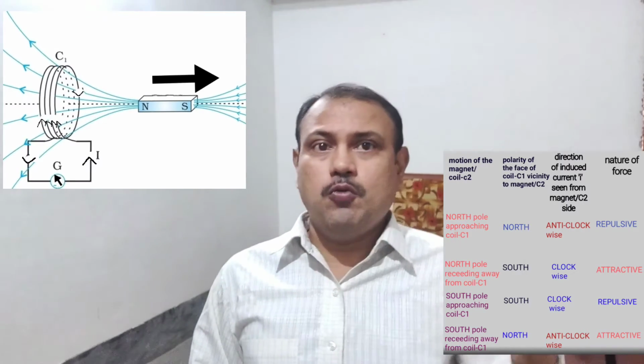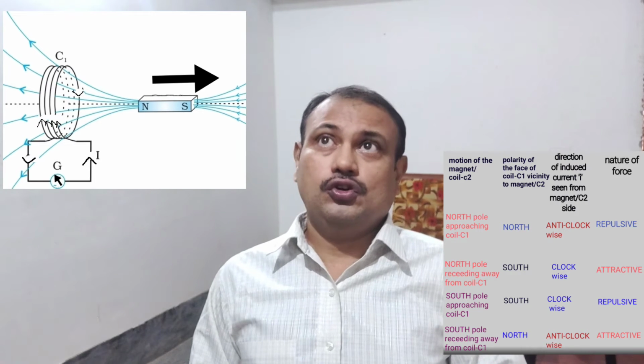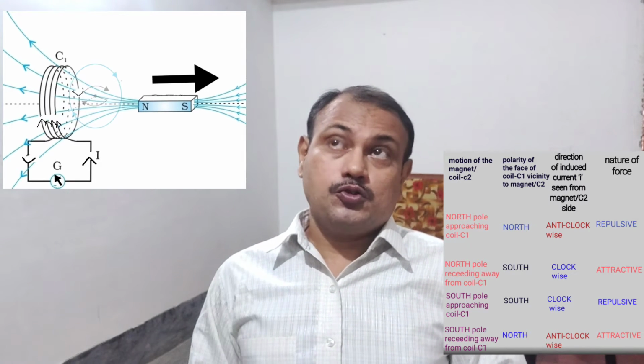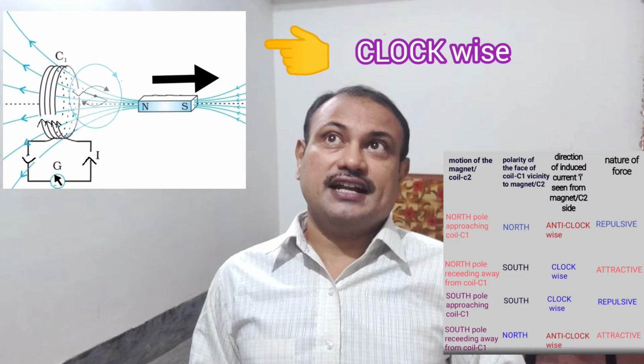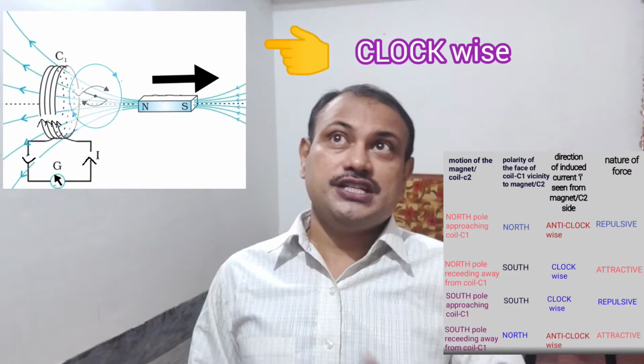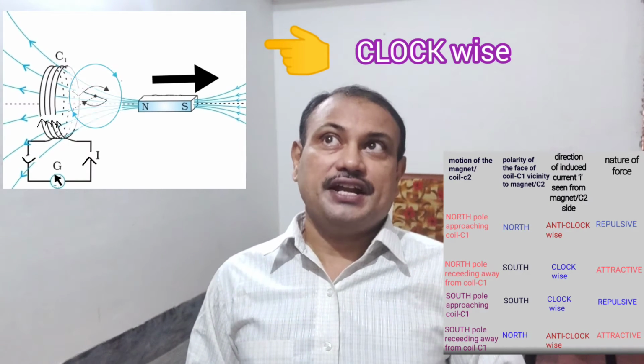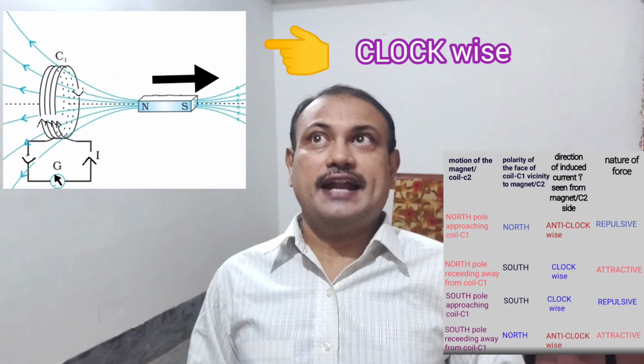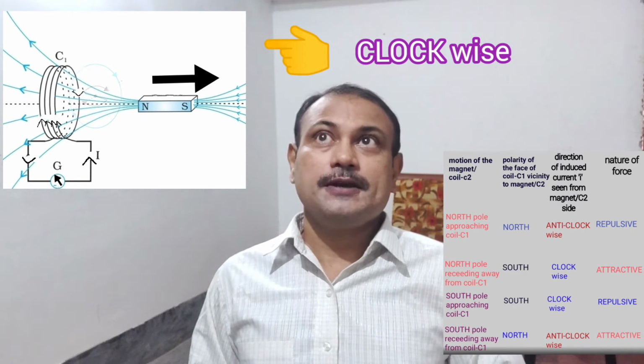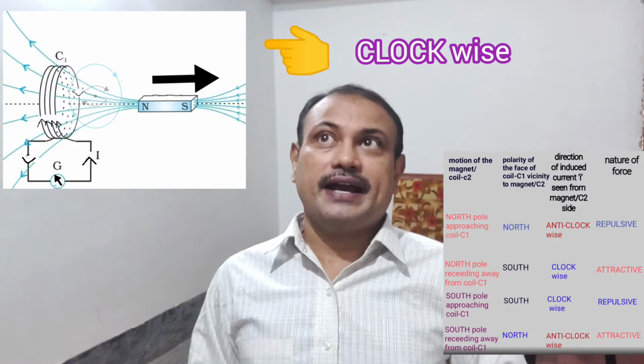In the same way, if the north pole is receding away, in that case also a current flows, but in the opposite direction, such that the side of the coil in the vicinity of the magnet will develop a south pole, so that it will as if oppose the going away of the magnet.